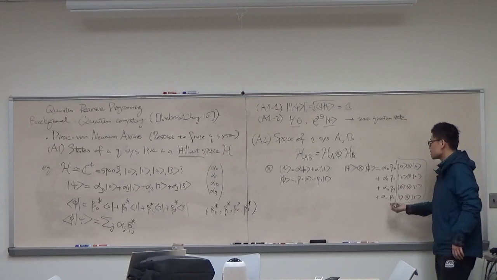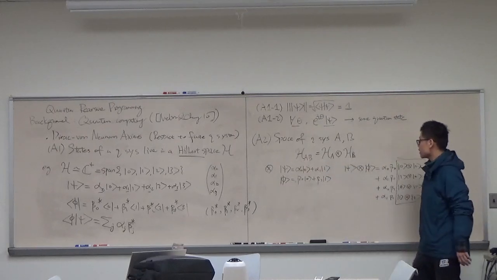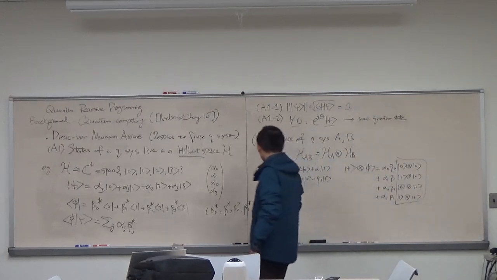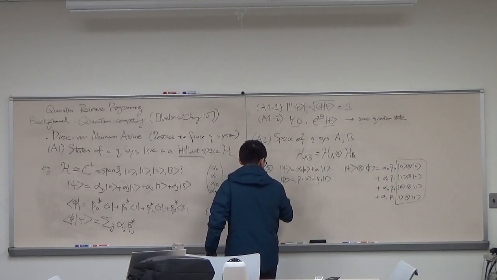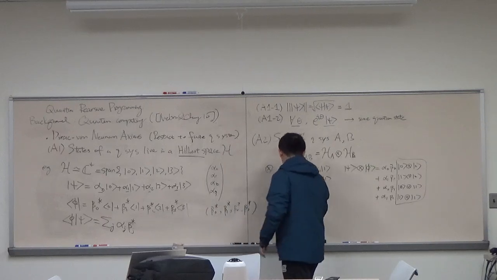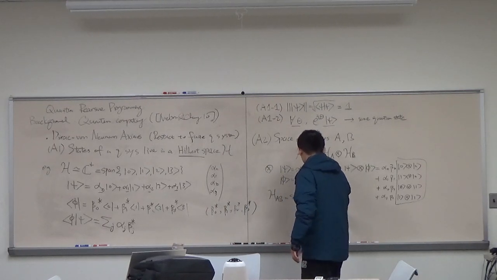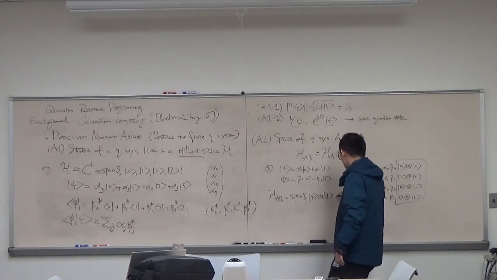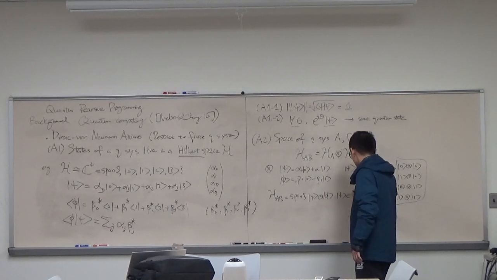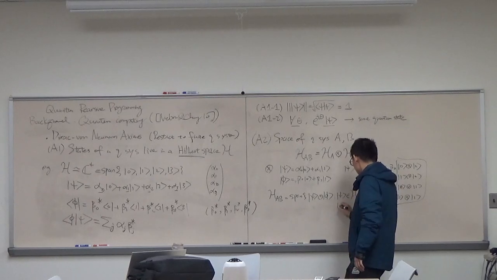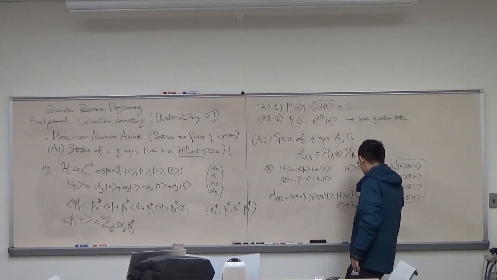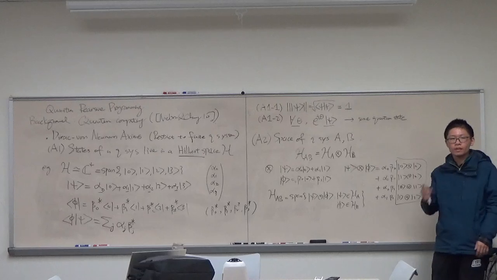These form a new basis for this Hilbert space H_AB. So H_AB is just the span of psi tensor phi, where psi is in H_A and phi is in H_B.